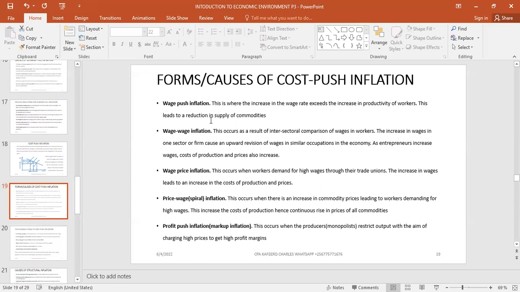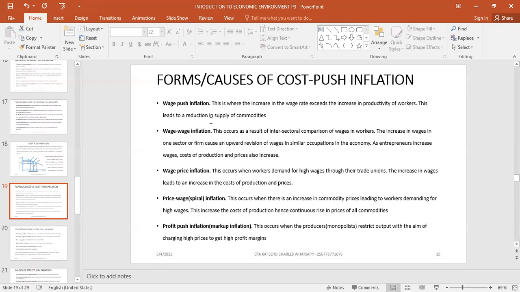These trade unions are organizations which unite people who are doing almost the same thing, or who are in the same line of business. If they are doctors, or if they are teachers, they have their own associations which unite them, and when they are strong enough, they can be in a position to bargain for higher salaries for the members they are representing.